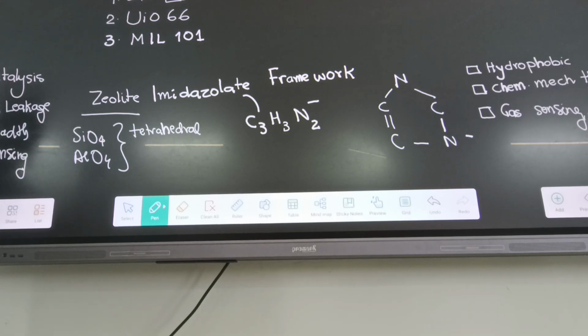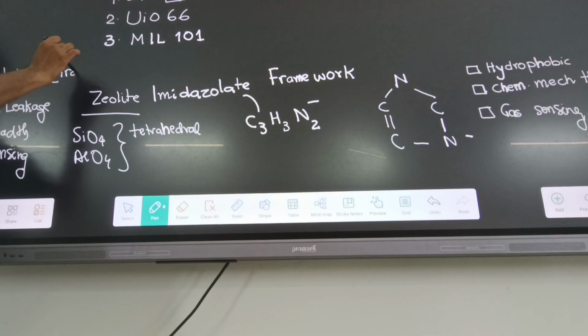Catalysis में इसलिए यूज होता है because the trapping is good. You can trap the molecules at specific sites.